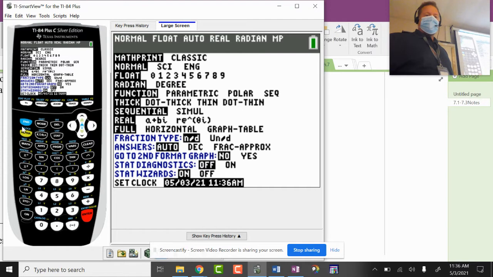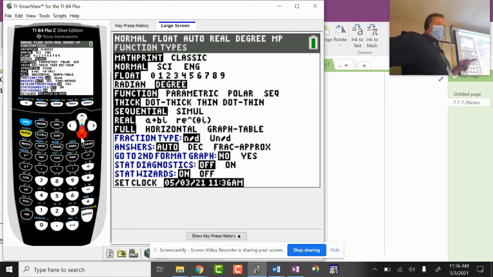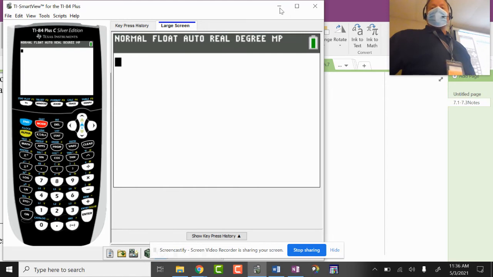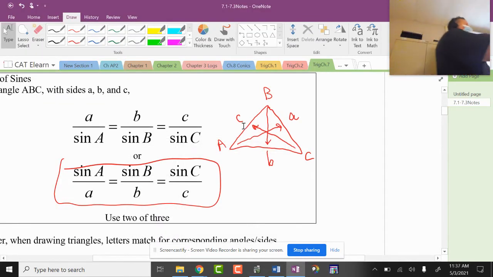So if you're not in degrees, you will get every single question wrong. There we go, now it's blackened. So that means it's in degrees now. What I didn't finish saying is that when I'm a big jerk and I delete your memories because there are cheaters out there, it goes to radians. The very first thing you have to do is put your calculator in degrees before you continue in this chapter.